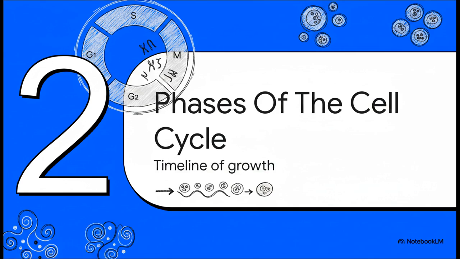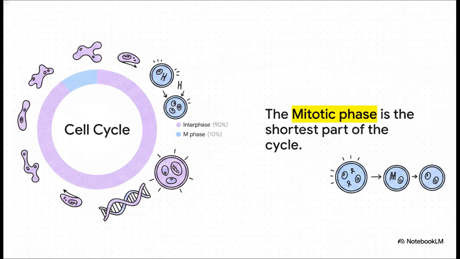Moving right along to Module 2, Phases of the Cell Cycle, which is all about the timeline of growth and division. There is a really common misconception out there that our cells are just constantly, endlessly splitting in half all day long. But the reality of the timeline is completely different. A massive 90% of the cell cycle is entirely dedicated to interphase.